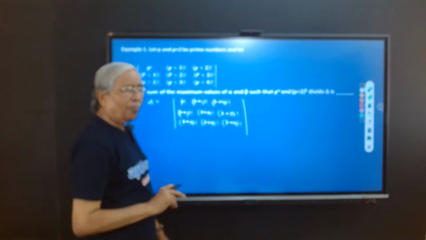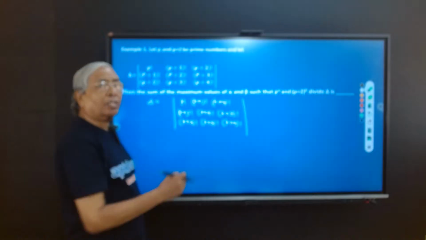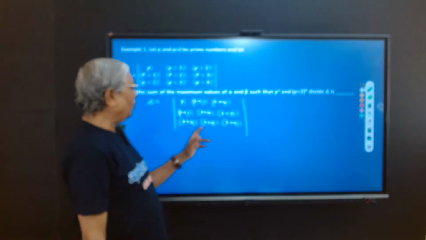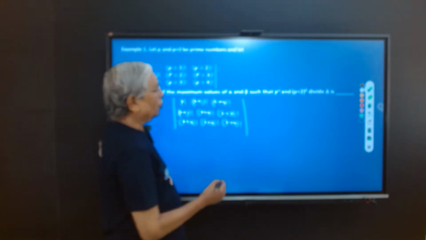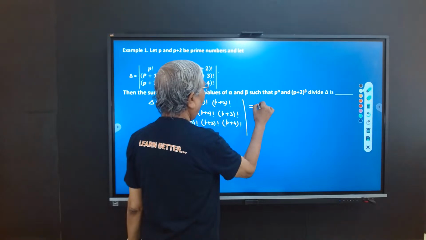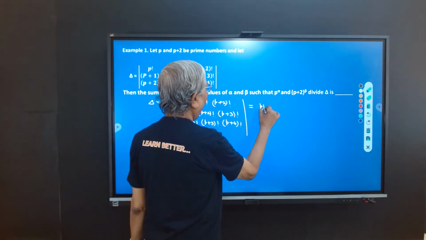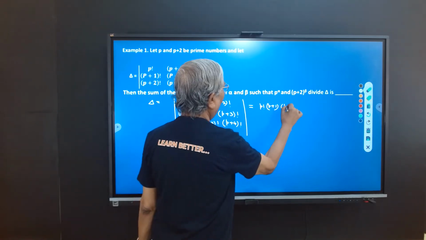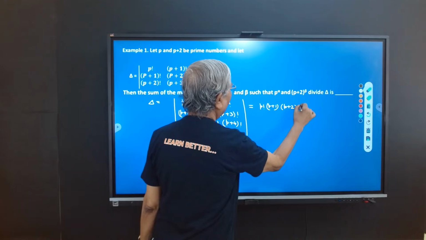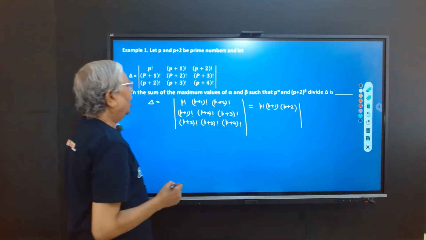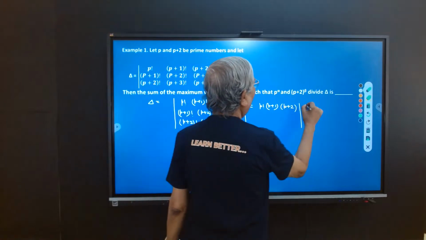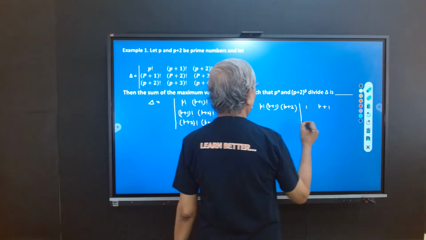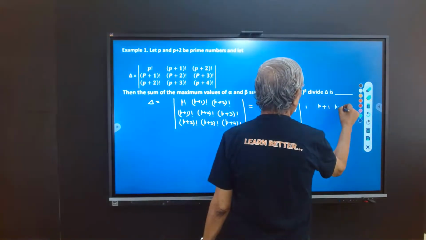Now look at the determinant. You can take common factorial p from the first row, factorial p plus 1 from the second row, and factorial p plus 2 from the third row. So you can write factorial p into factorial p plus 1 into factorial p plus 2 outside. Then the first row is 1, p plus 1, p plus 1 into p plus 2.